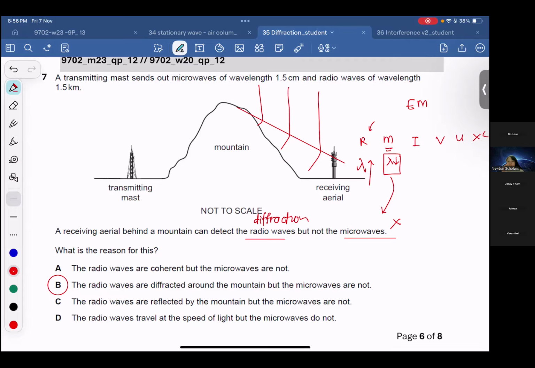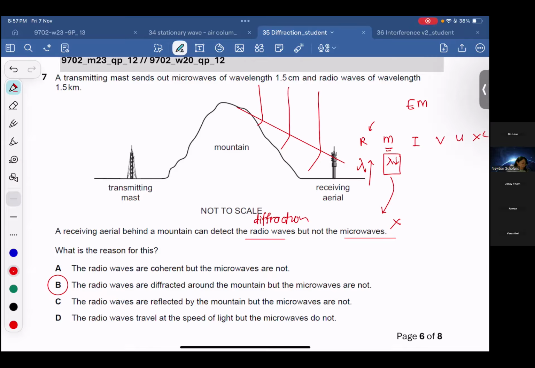You cannot see because the wavelength of light is shorter, so it is hard for it to diffract into our eyes. But sound wavelength is longer, it can be diffracted easily, so we can hear. Okay, boys and girls, is that clear for this lesson?